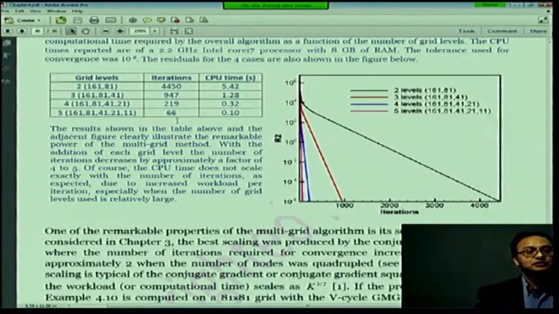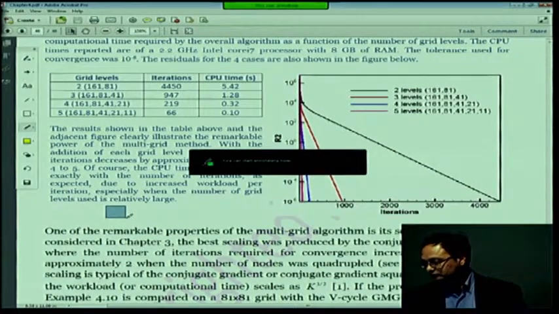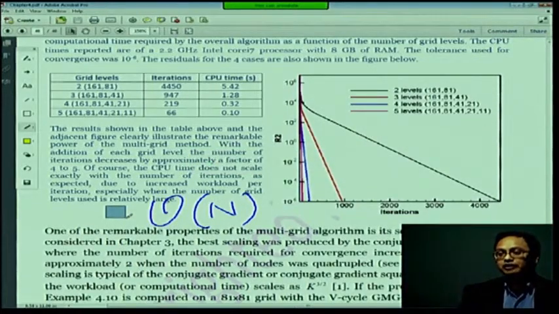This is why the multigrid method is the only method out there known as an order n method. Order n meaning the workload scales exactly as the number of equations. All other methods have a nonlinear power here.